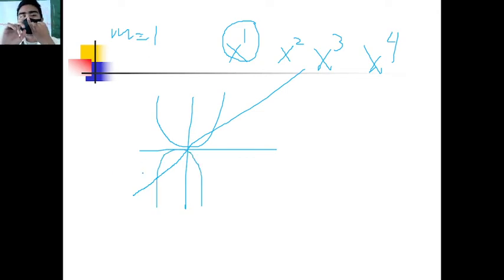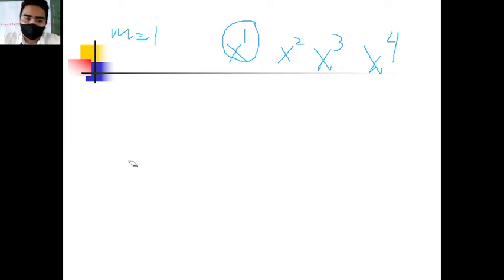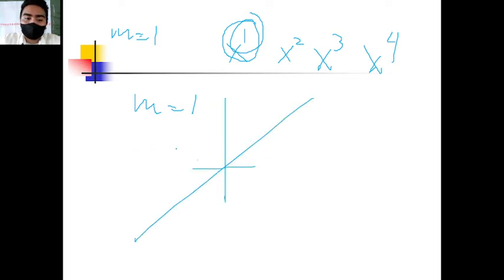And the third one is the odd, which forms an S shape, or zigzag. Those are the three components in graphs. So if we have a multiplicity or degree of 1, the property of that one is just a straight line only.